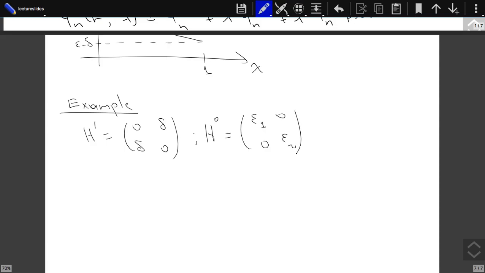So this is the non-degenerate case. Let's say this is the first state. H0 acting on the unperturbed first state is epsilon 1 times the first state, and H0 acting on the unperturbed second state is epsilon 2 times the second state.